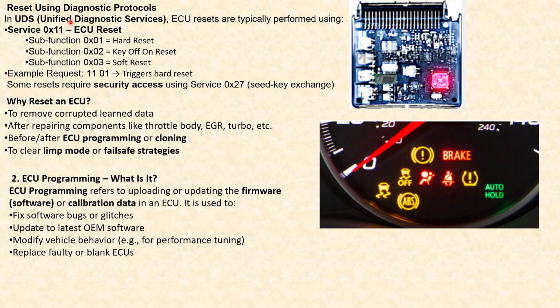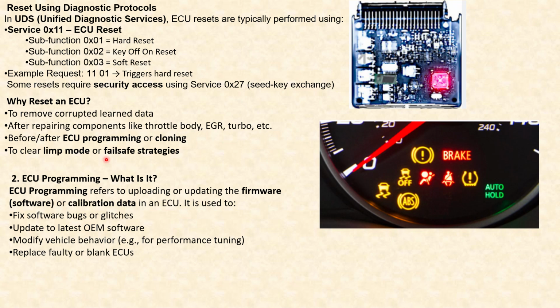Now, when it comes to reset using diagnostic protocols, in UDS, Unified Diagnostic Services, ECU resets are typically used to remove corrupted learned data after repairing components like the throttle body or EGR, before or after ECU programming or cloning, and also to clear limp mode or fail-safe strategies.